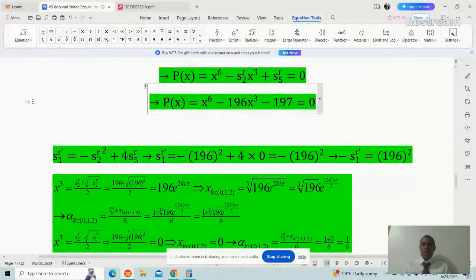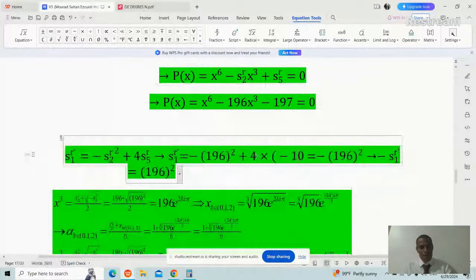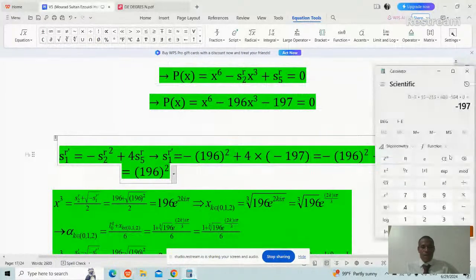So it will be negative 196 squared plus 4 times negative 197, using my calculator. It will be minus 4 multiplied by 197.